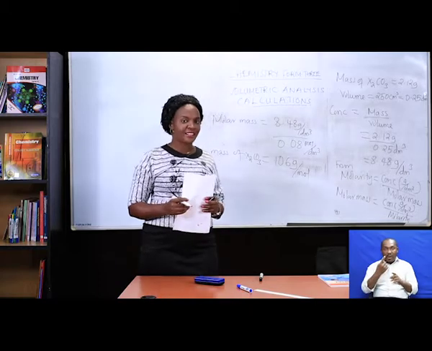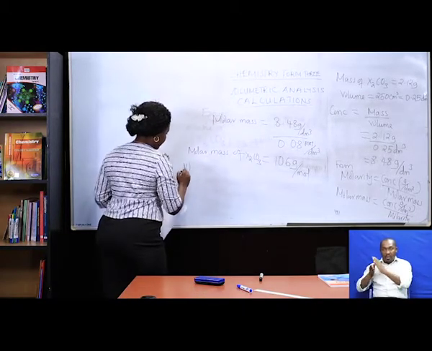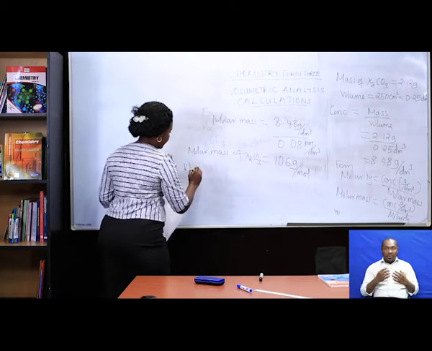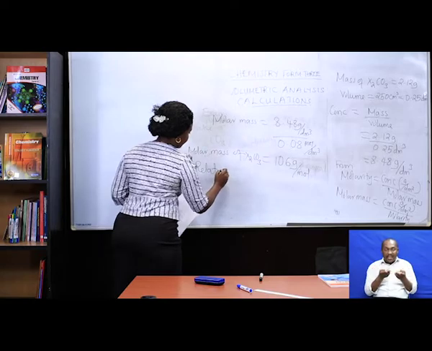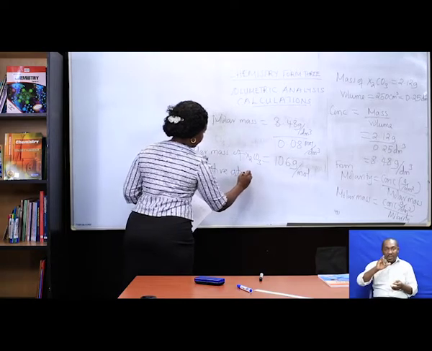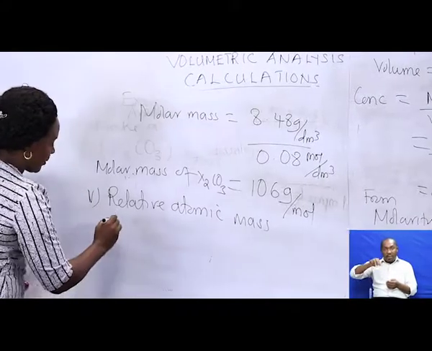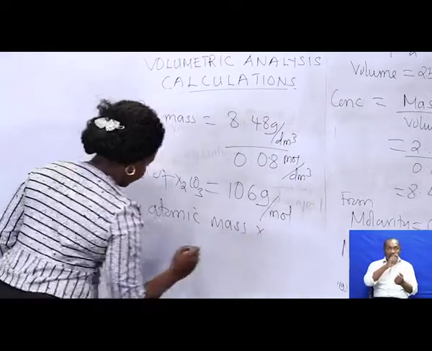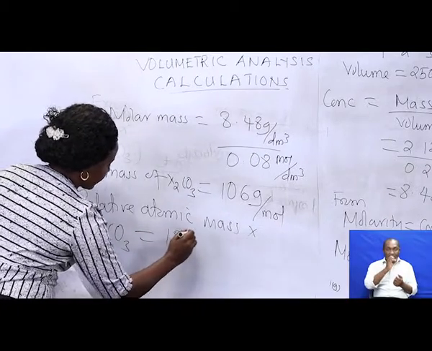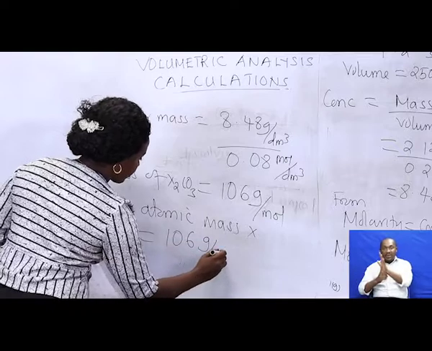Then what next? The other question requires you, number 5, to find the relative atomic mass of X and the name of X. Relative atomic mass of X. What is this? You must take X2 carbonate and add, and you must get 106 grams per mole.